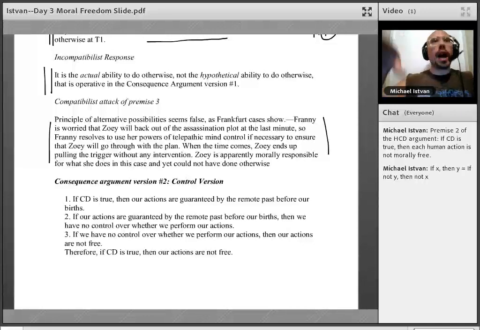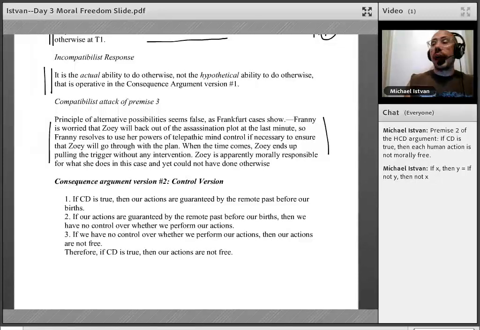Even that watered down principle of alternative possibilities, see, the robust form of the principle says in order to be doing the specific action freely, you have to have alternative possibilities at the very time of acting. In the adjusted version, you might word it as follows: S is doing action A freely only if, at least at some point in the development of her character, she had alternative possibilities.